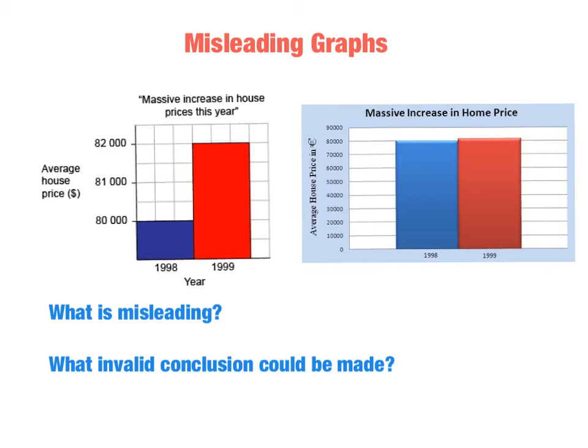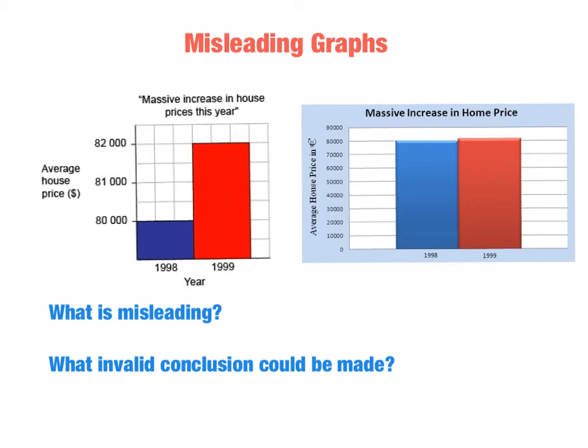Remember that being able to accurately read statistics will help you from being duped, because very smart people can take statistics and skew them in a way to get you to believe something that may or may not be the case. For example, take a look at these 2 graphs. Both of them are showing the exact same information, those massive increases in home price from the year 1998 to 1999.